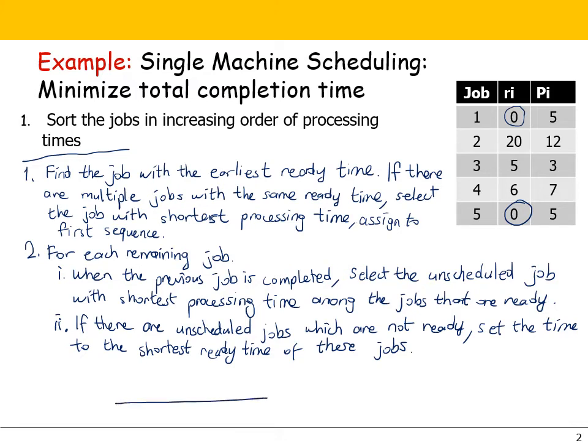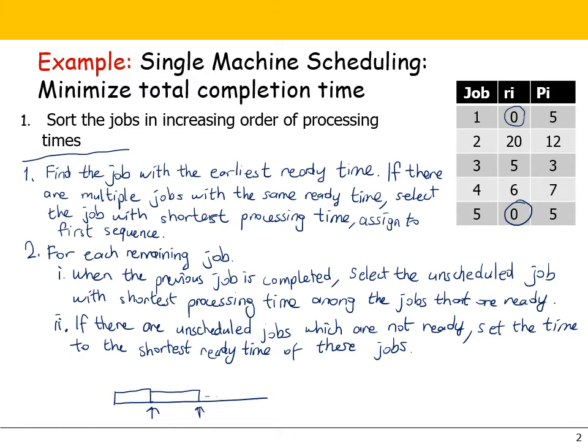Let's assume that you scheduled one job here and it's completed here, and then among the jobs which are ready at this time, you scheduled another job here, and now it is time here, and there are some more jobs, but none of those jobs are ready at this time. So what you will do, you cannot say that, okay, the schedule is complete and stop.